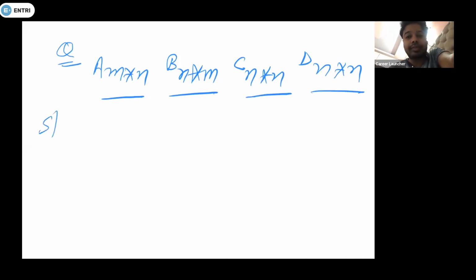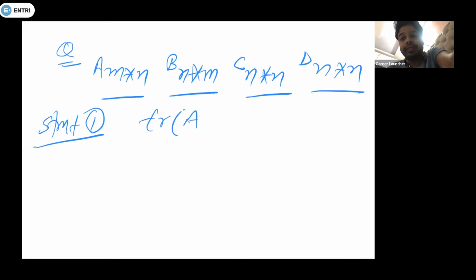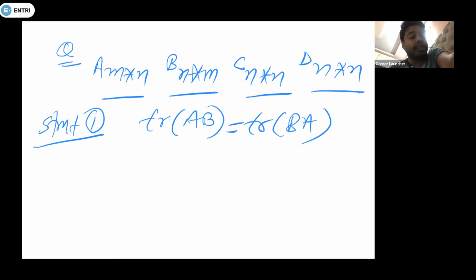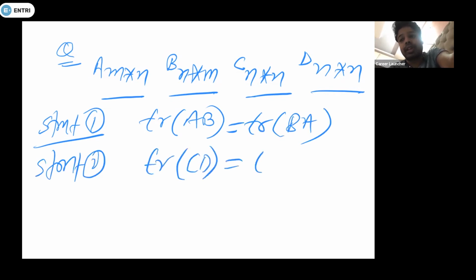Statement 1 is that the trace of AB is the same as the trace of BA. Statement 2 is that the trace of CD is the same as the trace of DC.